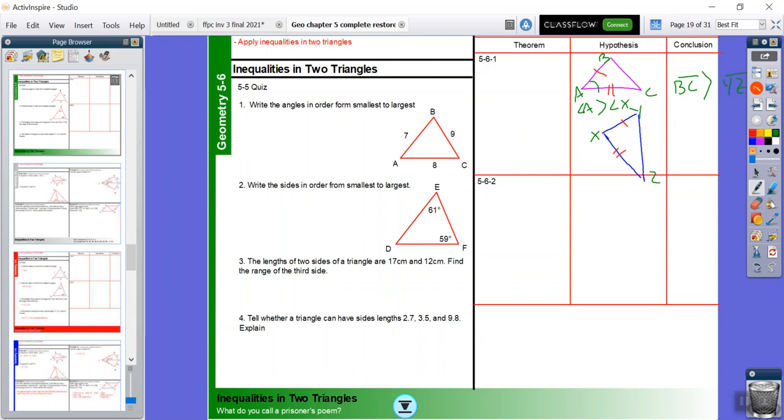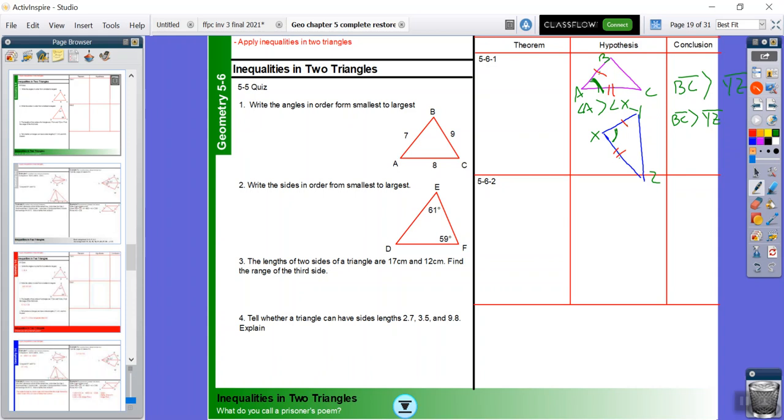Now I realize my drawing is not to scale, please forgive me. So BC is greater than YZ. Because if these two sides are the same, and these two sides are the same, and this angle ends up being bigger than this angle, then clearly the opposite side also has to be bigger.